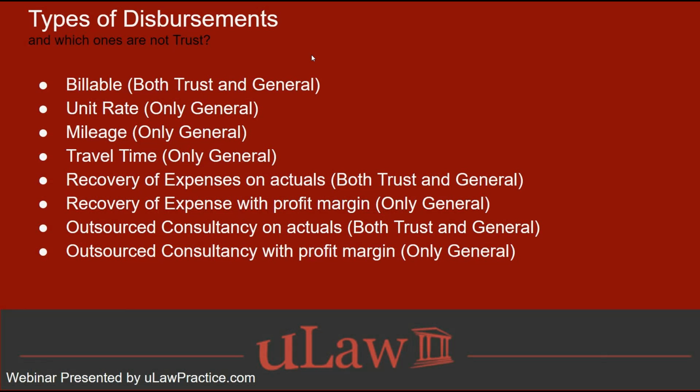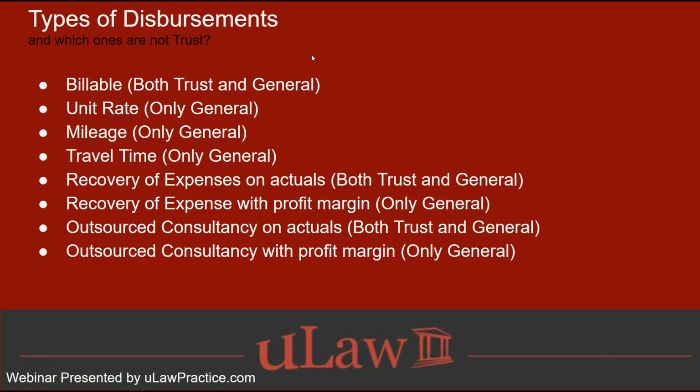But if there are certain types of expenses where you're looking for a profit or a loss margin, let's say you have a standby or someone else who's representing you and you have to pay them, maybe you are taking a bit of a loss margin on it, or there's certain software that you're using and you're spreading that cost across clients with a certain profit margin, or maybe there are photocopies that you're recovering with a certain profit margin.